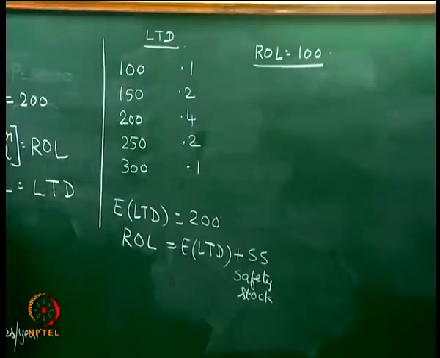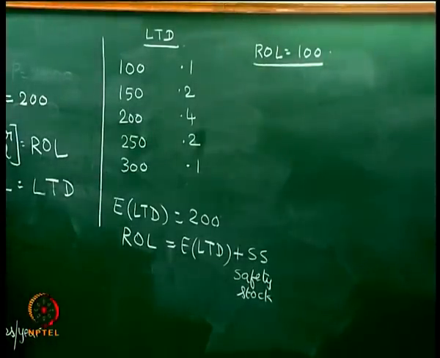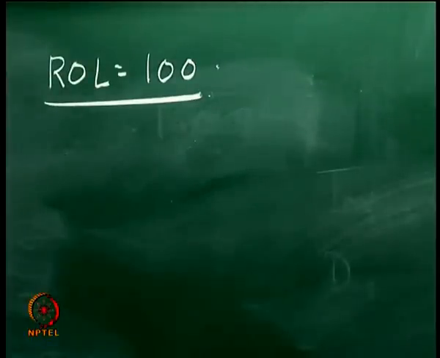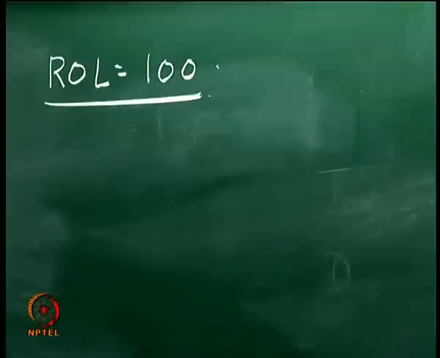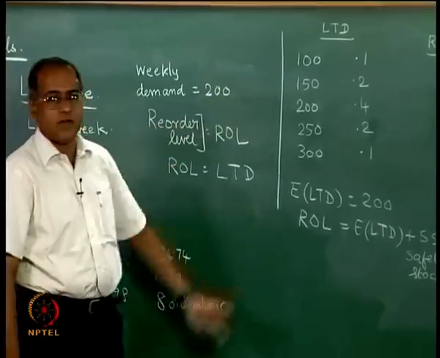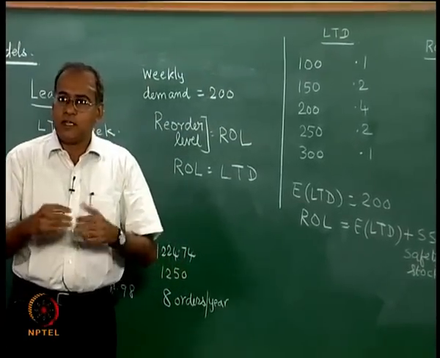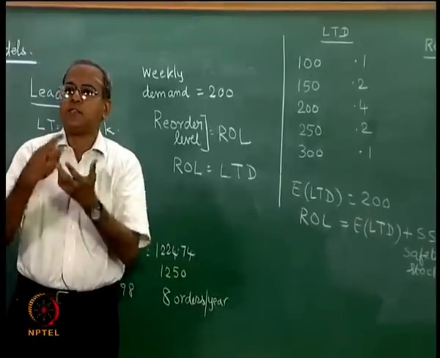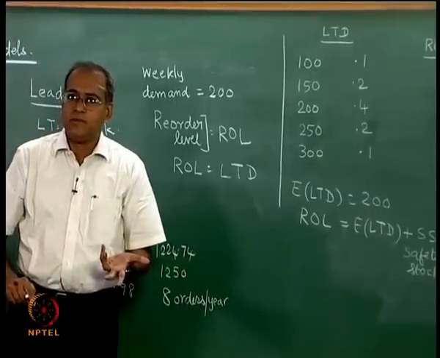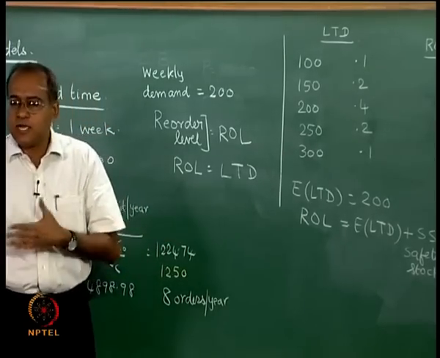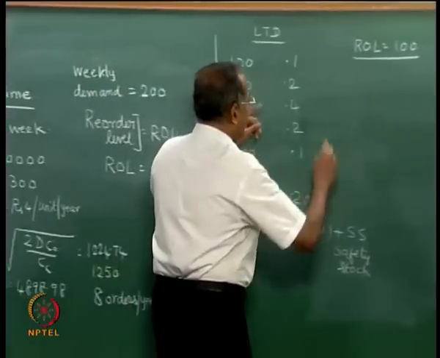When the stock level is going to be 100, we are going to place an order, and the demand is either 100 or 150 or 200 or 250 or 300. Therefore, there is going to be no inventory at the end of the period, because whatever the demand is, we have to consume the 100. So, there will be no inventory in the period. Then what will happen is there will be only shortage.